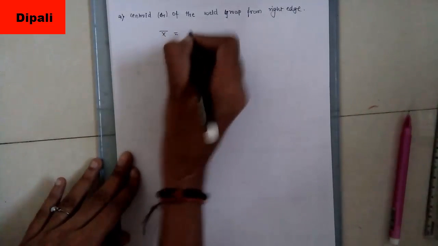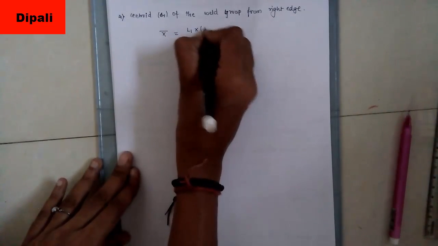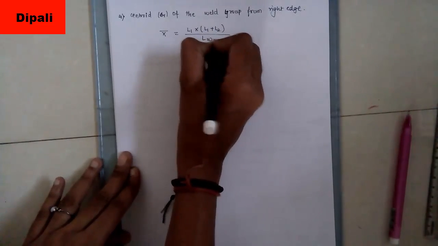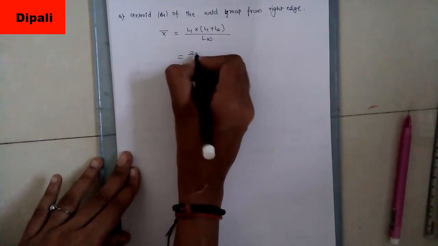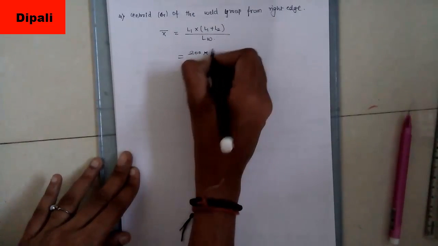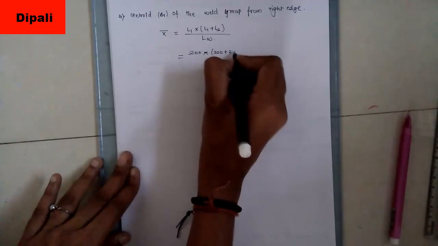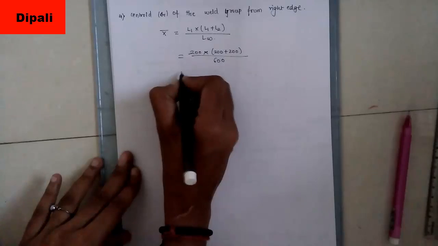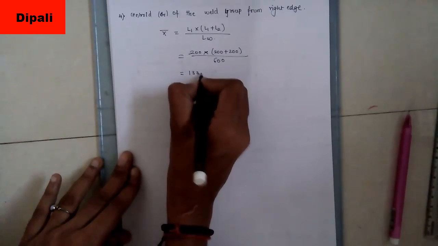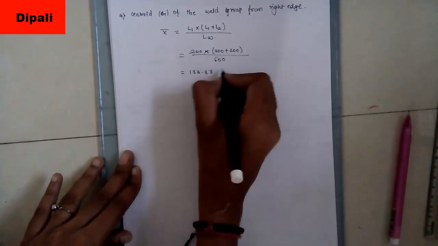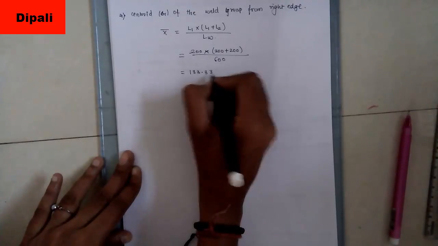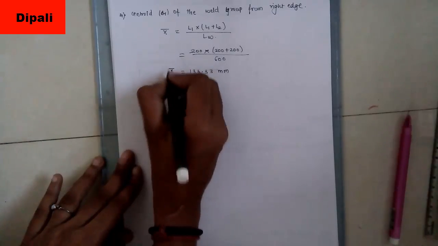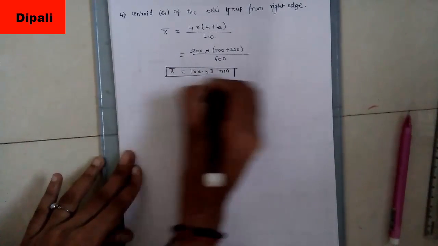The x bar equals L1 into L1 plus L2 upon LW. We know the value of L1 is 200, so 200 into 200 plus 200 upon 600. After solving this we get 133.33 mm. The x bar equals 133.33 mm.